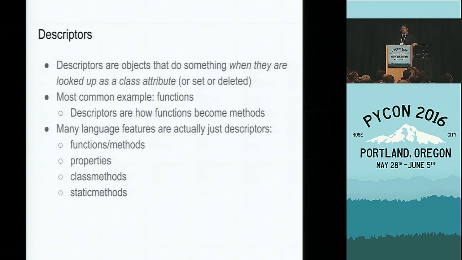If you wanted to make property and somehow you had lost the one in the main namespace, you could just make that. It's not a core language feature. Descriptors are the true core language feature.